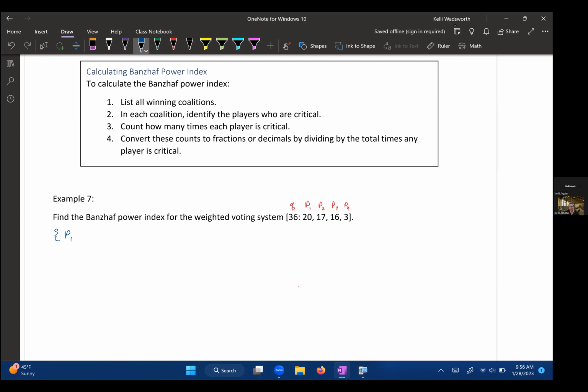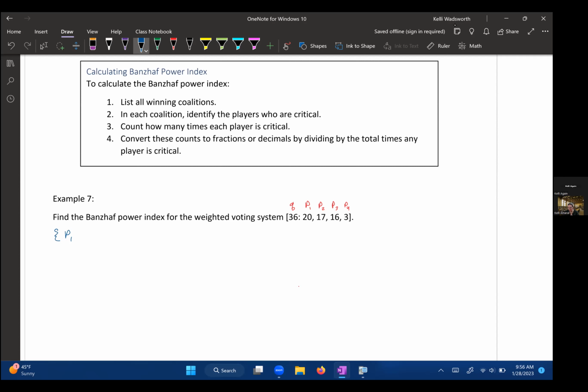There are lots of ways you could approach this. You could approach it by player: can I list all the winning coalitions that player one is a part of? That's one way. Or you could approach it by size: let me list all the possible winning coalitions that have exactly 2 players, and then all possible winning coalitions that have 3 players.